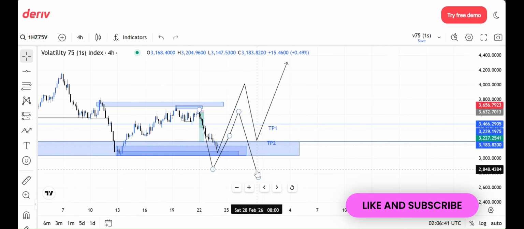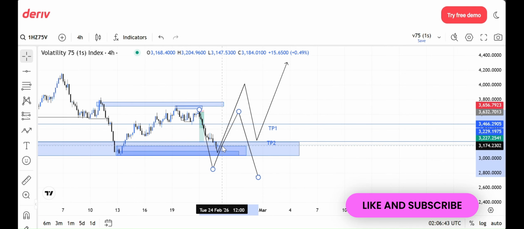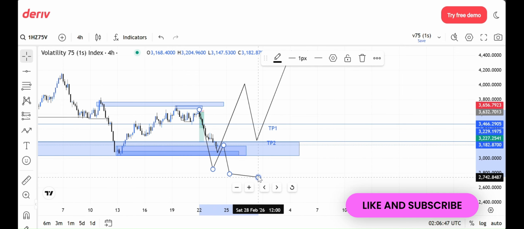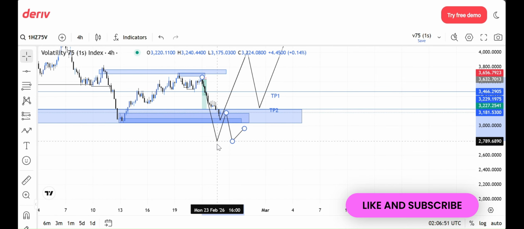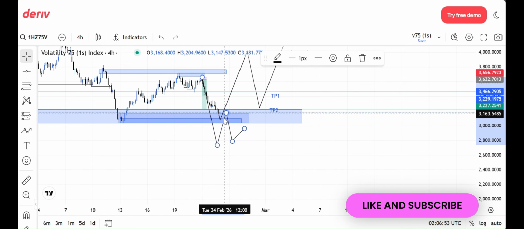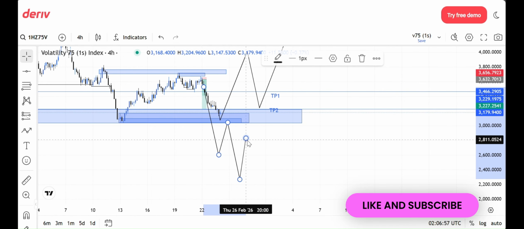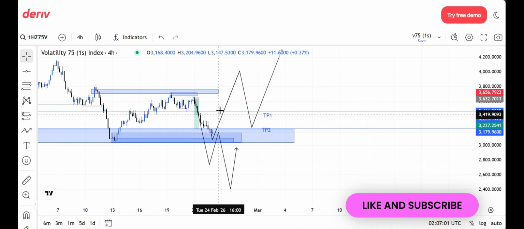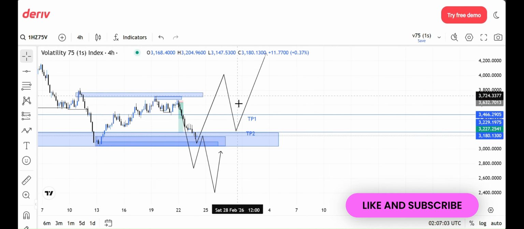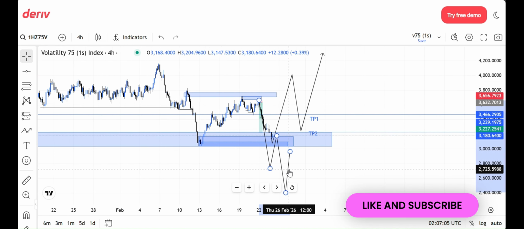If we have this break and then retracements, we will likely continue our bearish move. Otherwise, if we have this breakout structure here and a retracement, we'll be looking at buys.